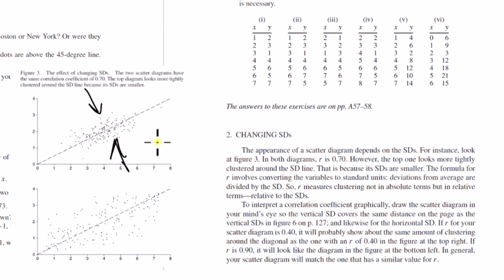They're more tightly packed than these. So this is a higher correlation coefficient. This is what we've done time and time again for many problems. So how could these possibly have the same correlation coefficient? There seems to be a contradiction here.